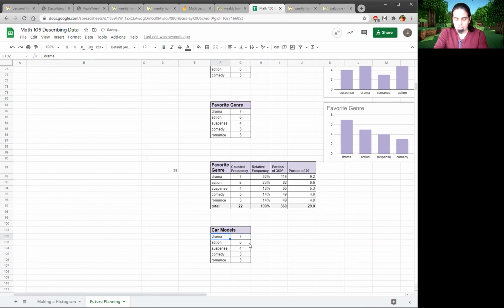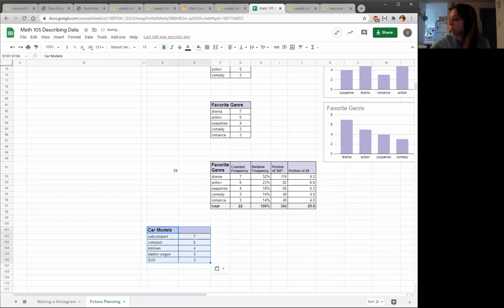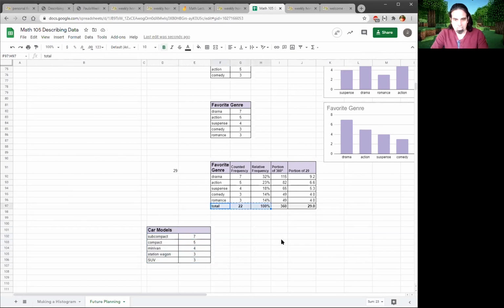So what do we have? Like subcompact, compact, minivan, station wagon, bigger? SUV. Okay, something like that. I suppose we should have a total.